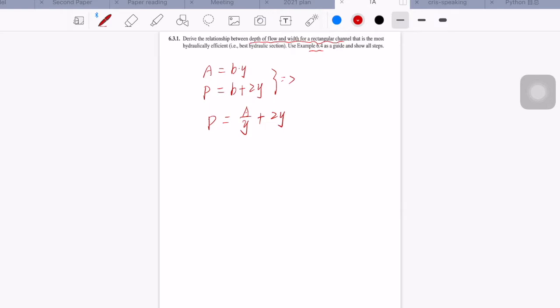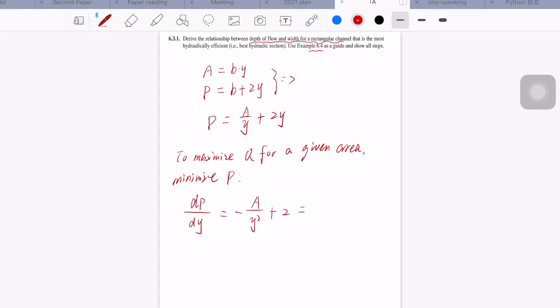And according to the Manning's equation, to maximize the Q for a given area, we need to minimize the P. So we take the first derivative of P with respect to Y equals 0 to obtain the minimum value of P. So dP over dY equals minus A over Y squared plus 2 equals 0.